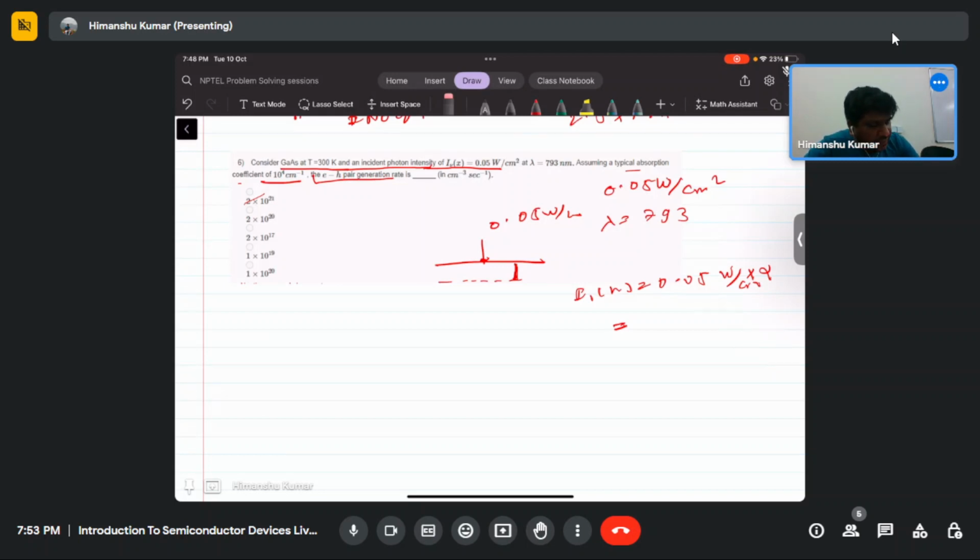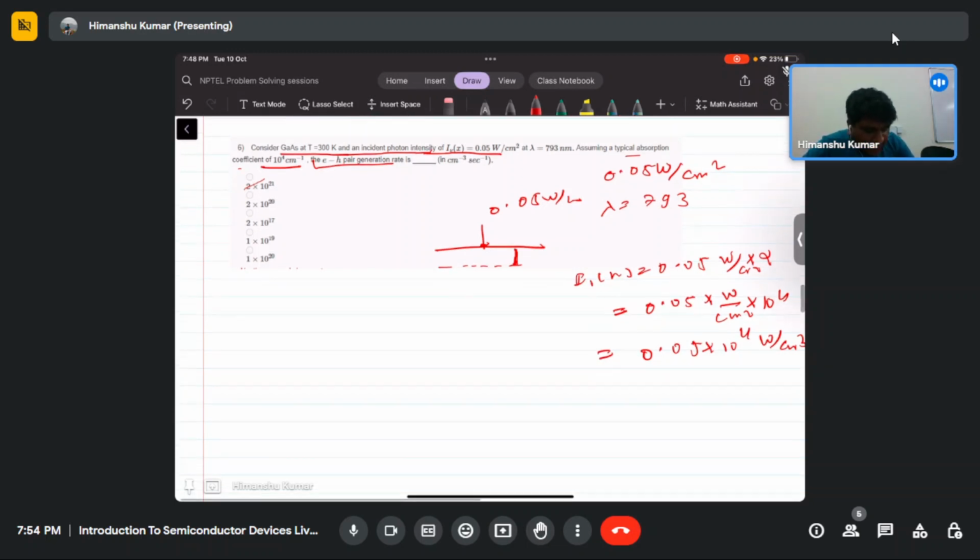So you will get 0.05 watt per centimeter square multiplied by 10 power 4. So this we will get 0.05 into 10 power 4 watt per centimeter cube. Within 1 cubic centimeter, this much energy is getting absorbed.